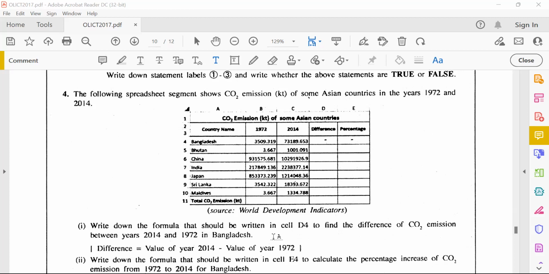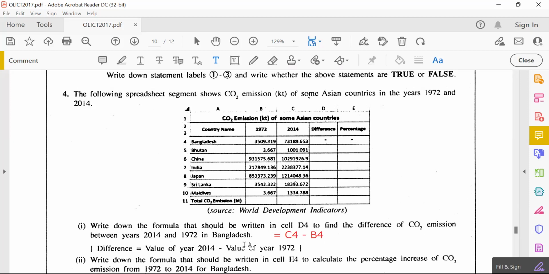So we have to say equal sign, right? So first of all, we had to get 2014. That means we have C4 minus B4. So that's the difference, isn't it?